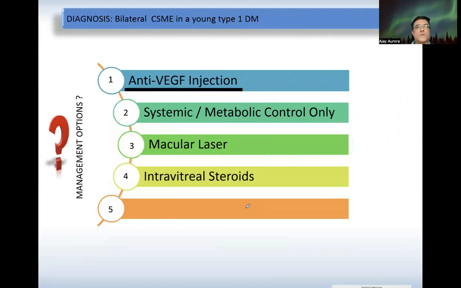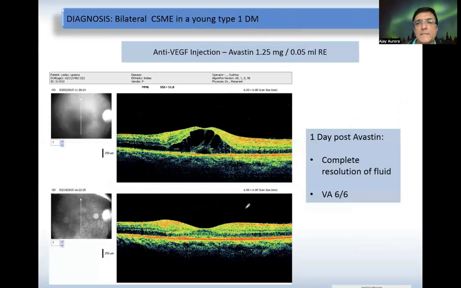So we had the option of giving anti-VEGF injections, and of course, metabolic control had to be done. So at that time we had injected injection Avastin. So this is 1 day post Avastin. Patient's visual acuity improved, which was very dramatic, and patient said that she was feeling fine.